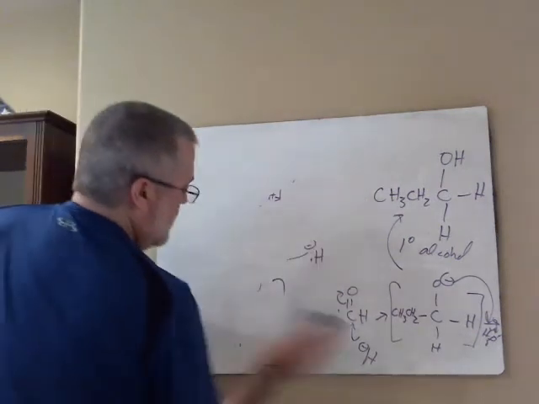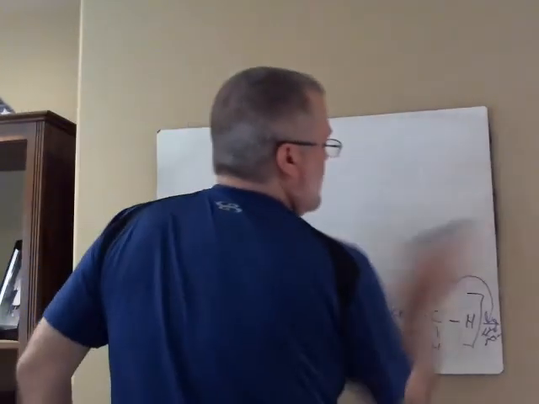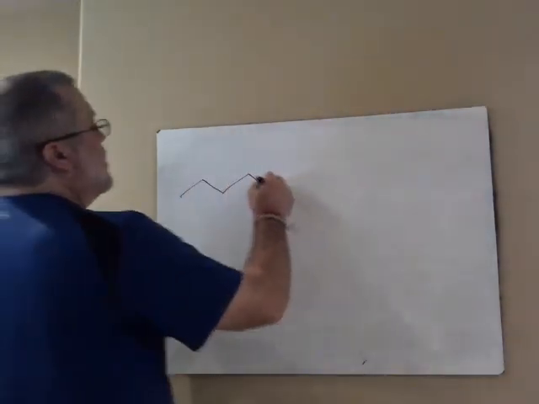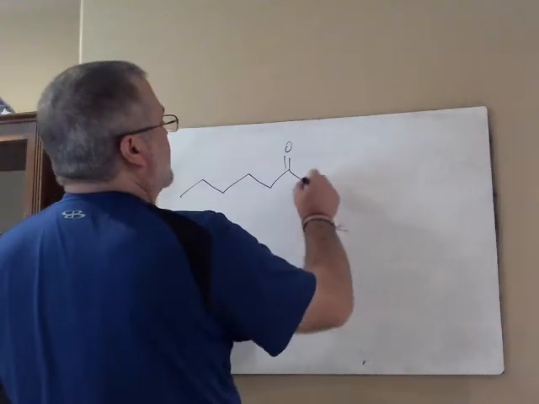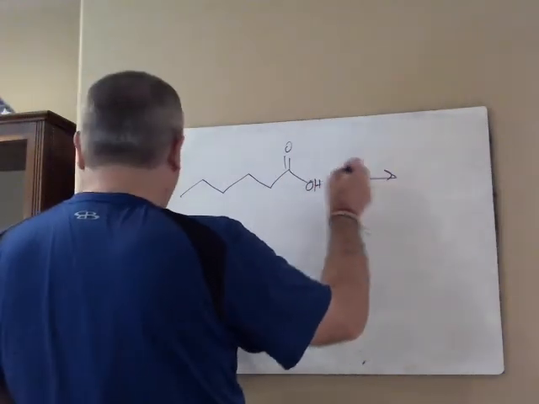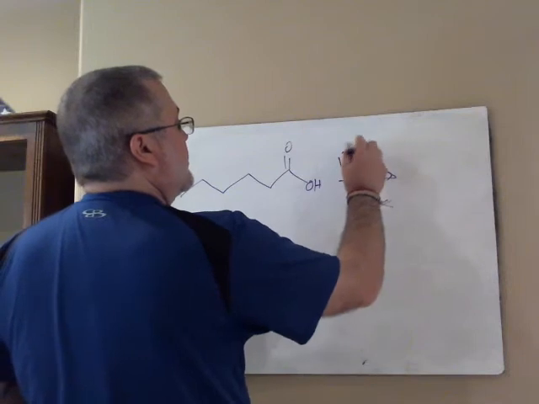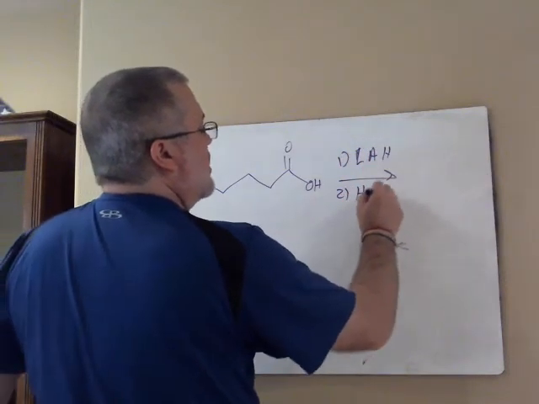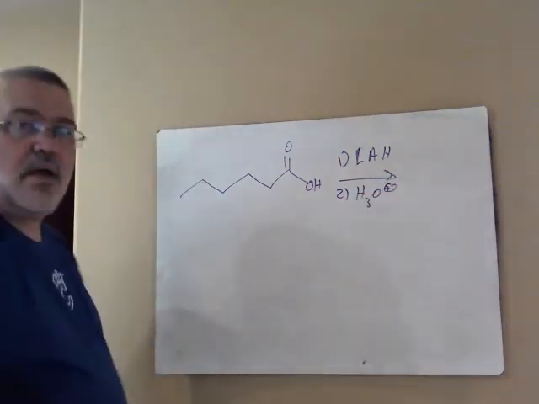Okay, now what about this example? Well, let's just use a carboxylic acid. And what we're going to do again is treat this with LAH, followed by an acid workup. And what's going to happen?